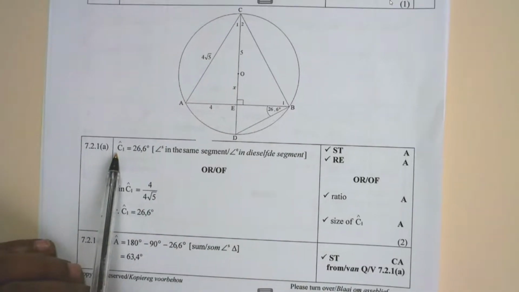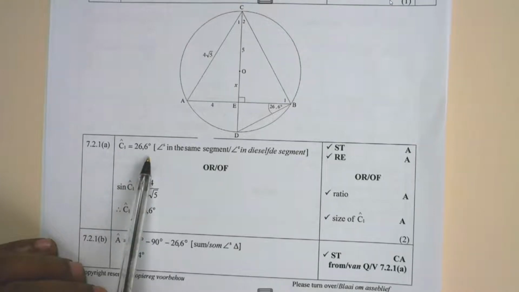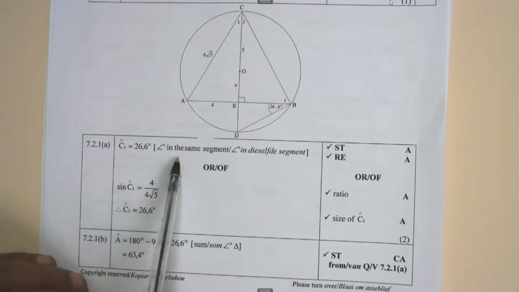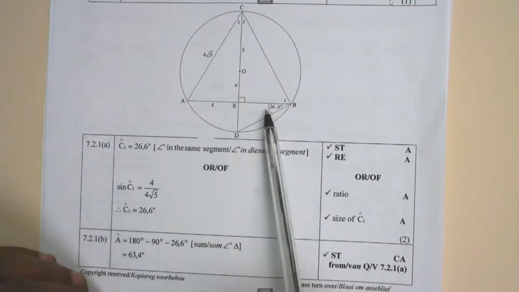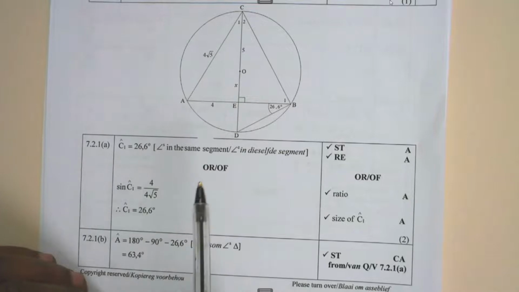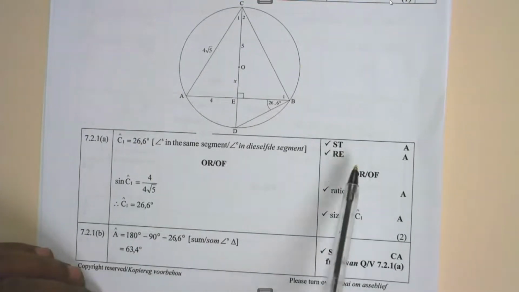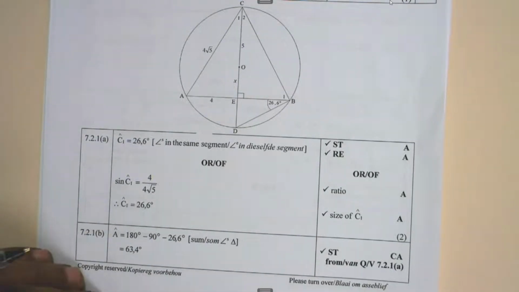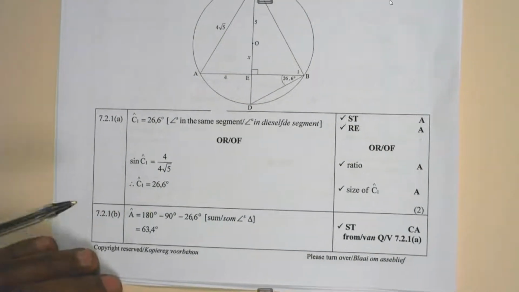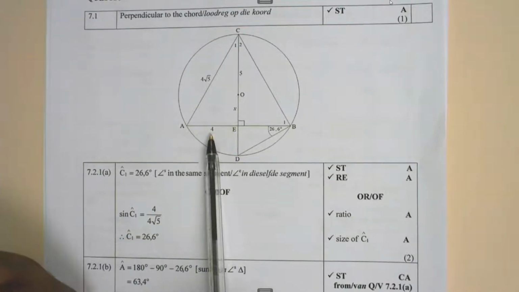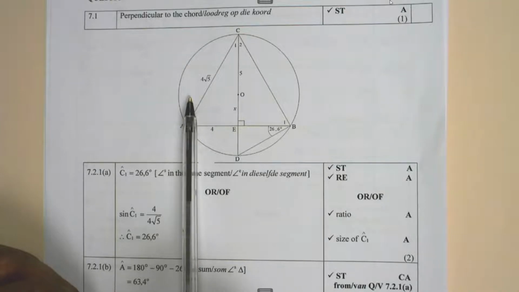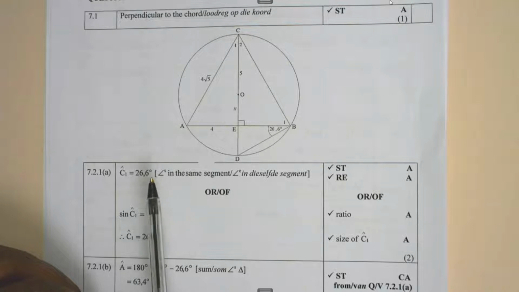Then they say angle C1 is equal to 26,6, and then the reason is angle in the same segment. I'm sure we can see the bow tie here. So this angle will be equal to C1. And then the statement and the reason are accuracy marks. Another alternative is that a learner may realize that the given side is 4 here and the other side is there, and then they can also use the ratio, which is sine C1.